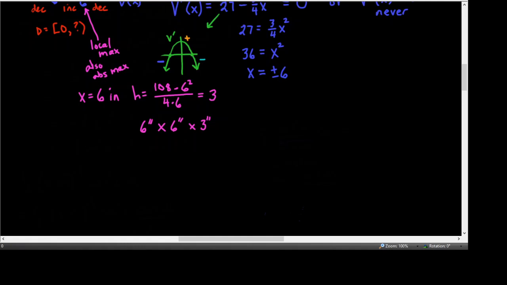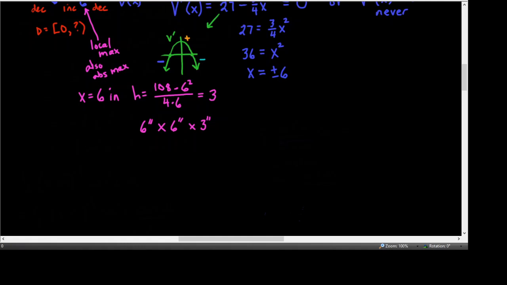So applied minimum and maximum problems right after example 1 are some guidelines for solving applied minimum and maximum problems. First, identify all of the given quantities and everything that's to be determined. If possible, make a sketch.